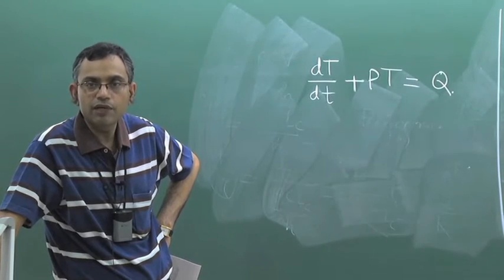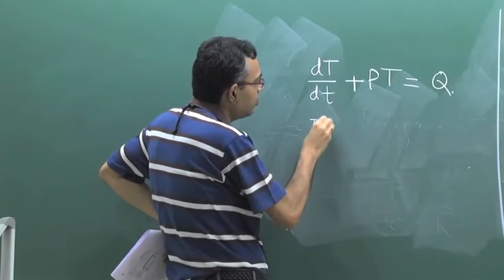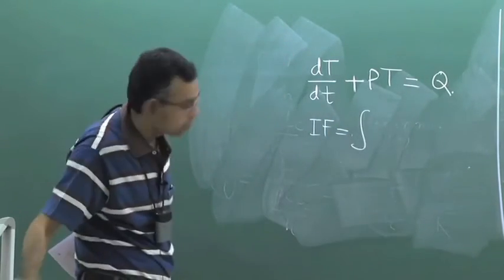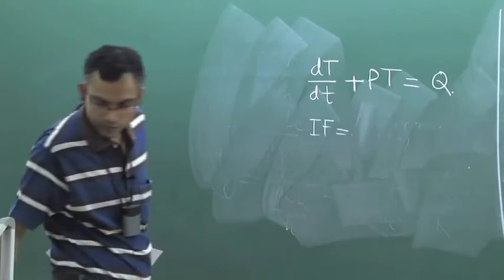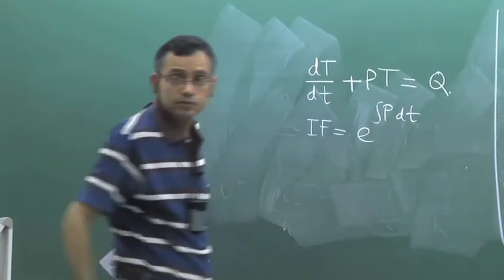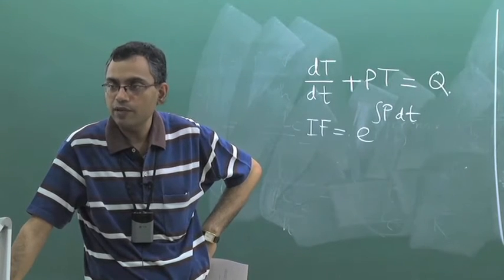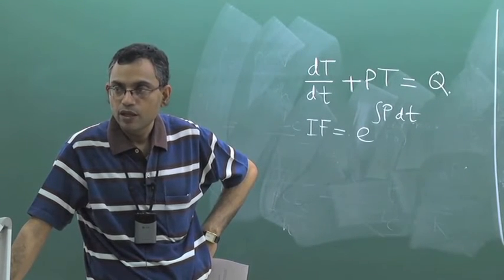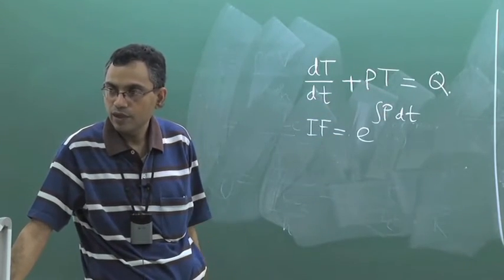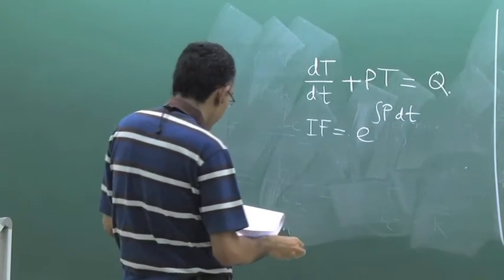This is the form of the differential equation. So for solving this differential equation, you have to multiply with an integrating factor e to the power integral P dt. That is the integrating factor. If you do that, it is a straightforward solution of the differential equation. So let me give you the solution to the problem.